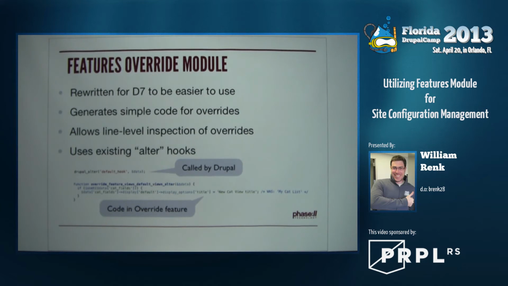So basically what this means is, going back to the examples, if you use a distribution, say OpenPublic, and it comes with an article feature, and you decide you want to change or add something to that article feature, you would create a feature override for it, so features doesn't complain about the module that came with the distribution being overridden. You can just capture that override in another feature, a feature override.